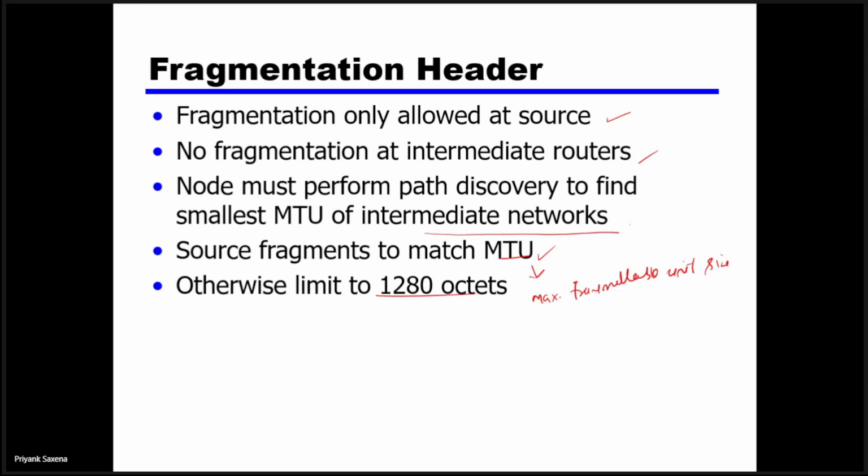While doing the route recording, it collects the information of all the networks, that is, what their maximum packet size limit is, that they can allow. So it collects the information, and based on that it fragments the packet, right? And the routers can't fragment the datagram further, right?